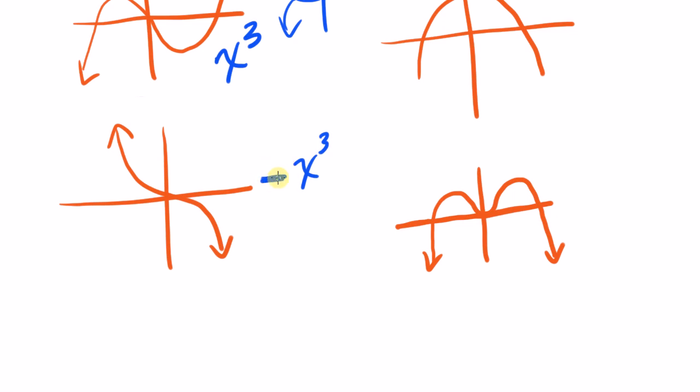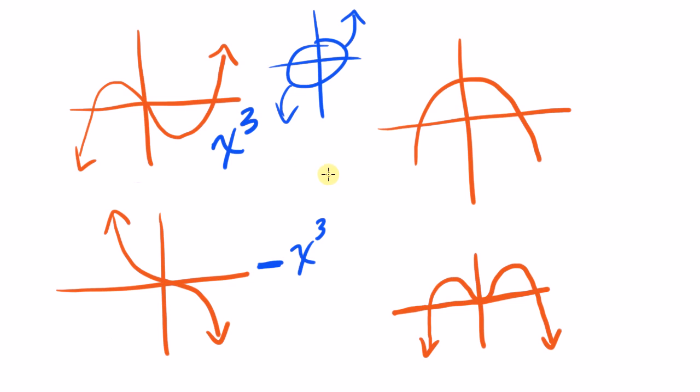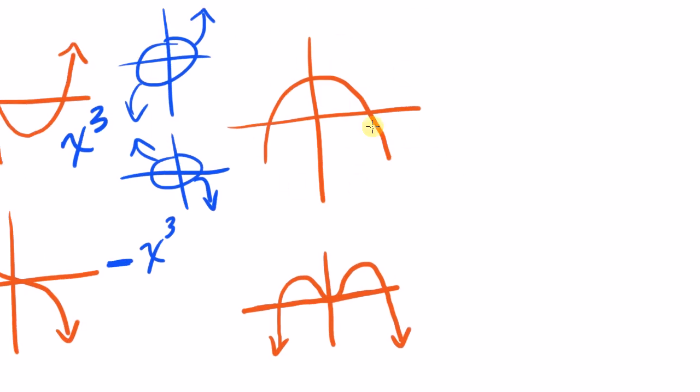Notice that this one does something in the middle, comes from here and goes here, like that. This guy, in the same respect, x squared looks like this, right? This guy is upside down, so the parent function would be negative x squared.